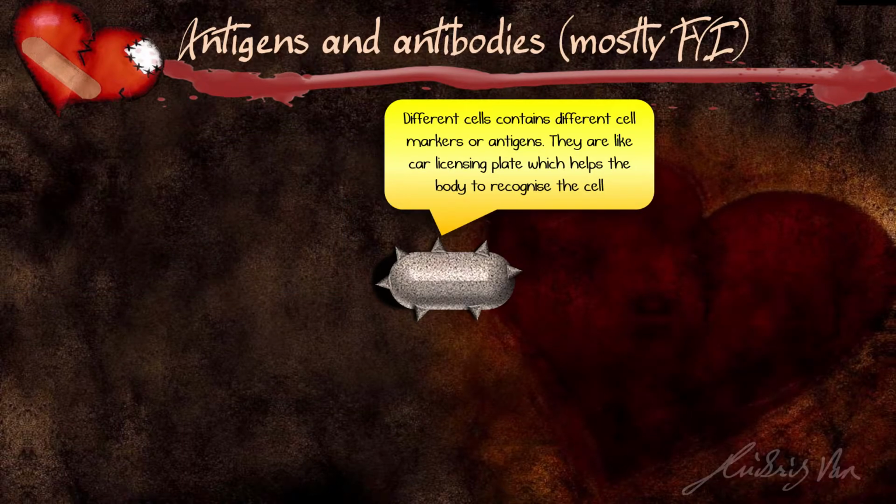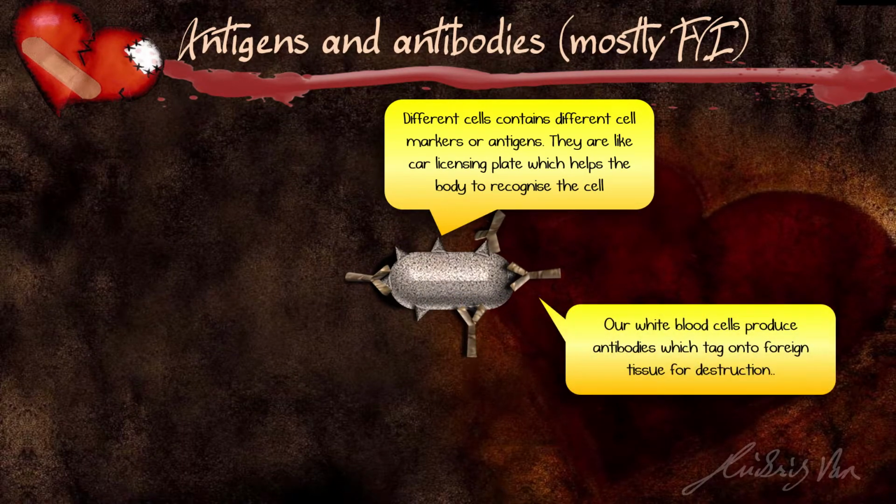The licensing plate on the car helps us to identify where they are from, and the antigen serves a similar function. It helps our body to recognize where the cell is from, whether it's foreign or local. Then we have our antibodies. Our antibody will bind onto the antigen of foreign tissue.